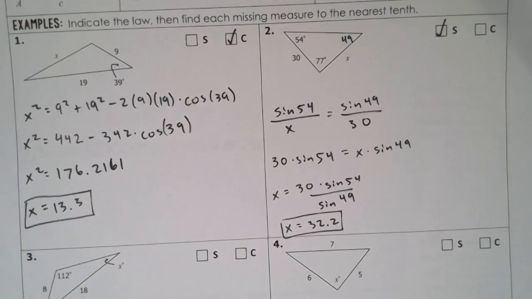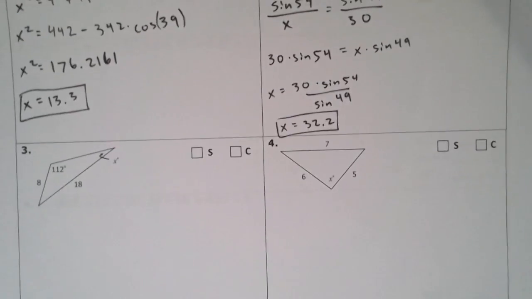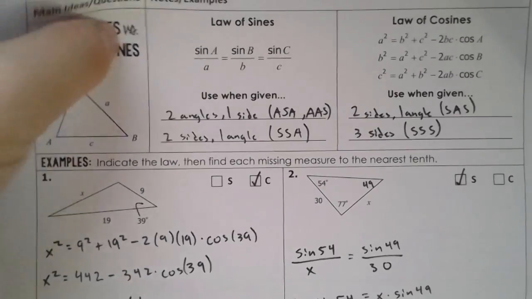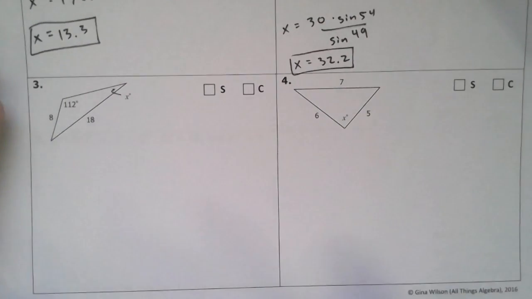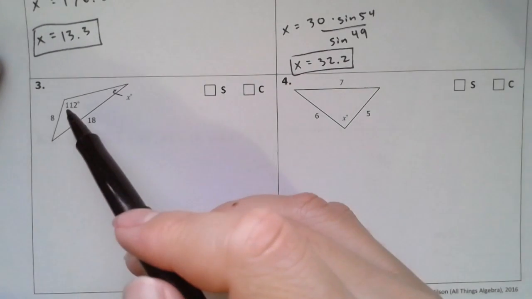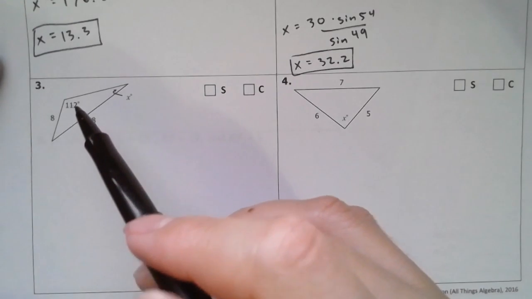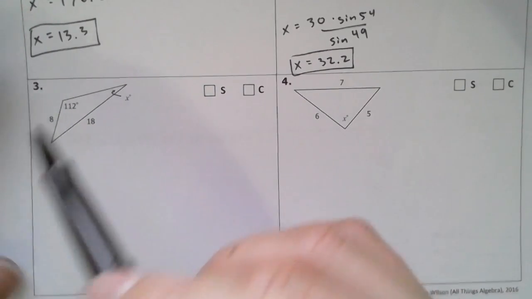Okay. Next one. It's going to be hard to fit all this. I'm going to just be going back and forth. Okay. Number 3. I'm given two sides and an angle here, and the order would be side, side, angle. So which one is side, side, angle, right?